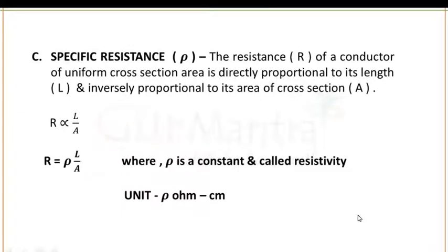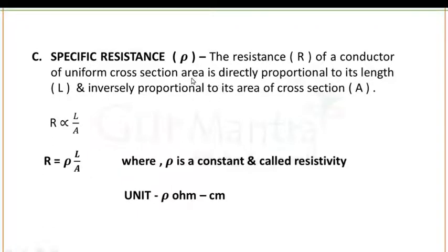Next is specific resistance, which is always denoted by the symbol rho. The resistance R of a conductor of uniform cross-sectional area is directly proportional to its length L and inversely proportional to its area of cross-section.